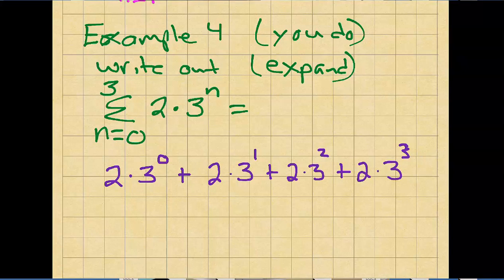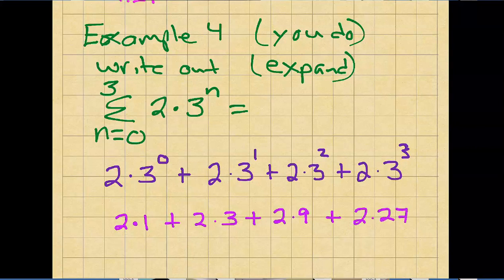And then we just used the rule. And if we went further and we said, okay, well, what happens with this? This is 2 times 1, because remember, anything to the 0 power is 1, plus 2 times 3, plus 2 times 9, plus 2 times 27.